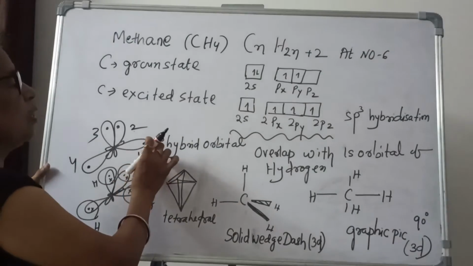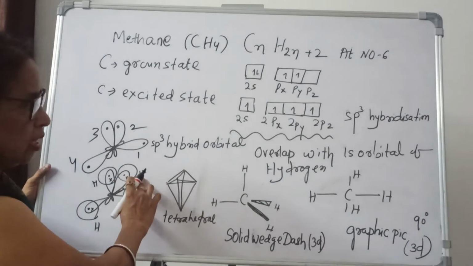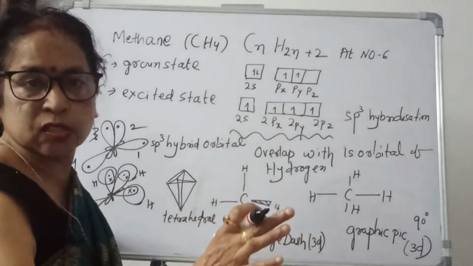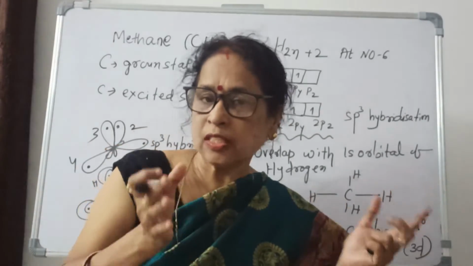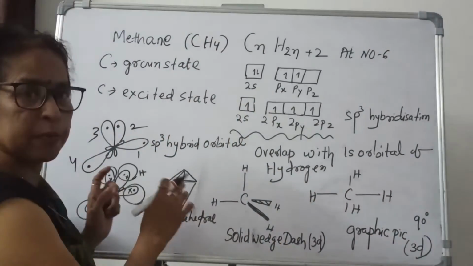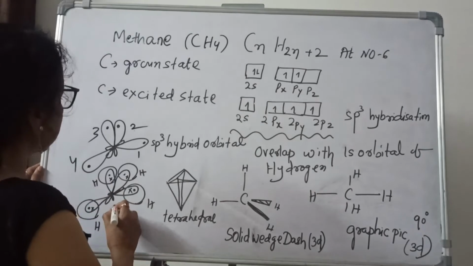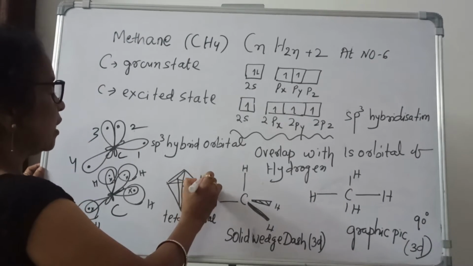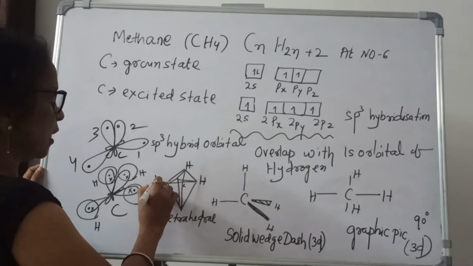So here this one overlaps with hydrogen, this one overlaps with hydrogen, where hydrogen contains a 1s orbital. So the 1s orbital of hydrogen and the sp3 orbital of carbon. This is carbon, and each one has hydrogen here.